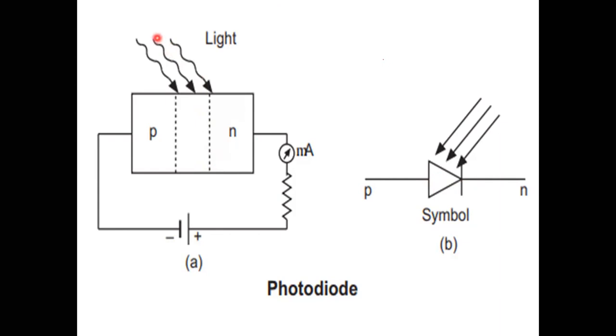When light falls on the interface of the PN junction, it tends to generate charge carriers, and these charge carriers will move so that it will constitute electric current.